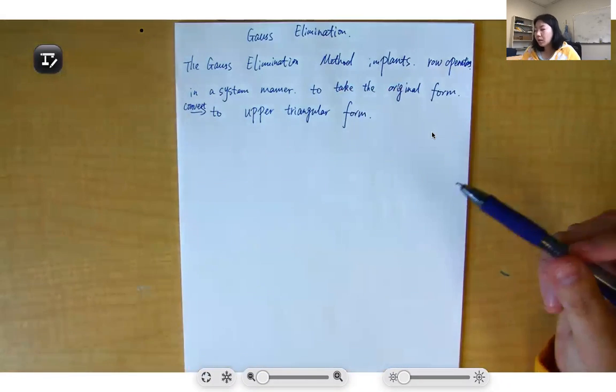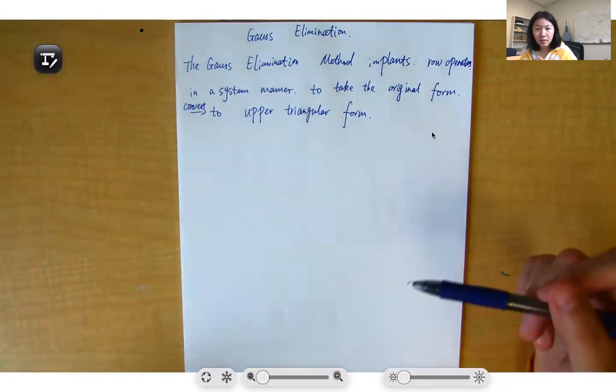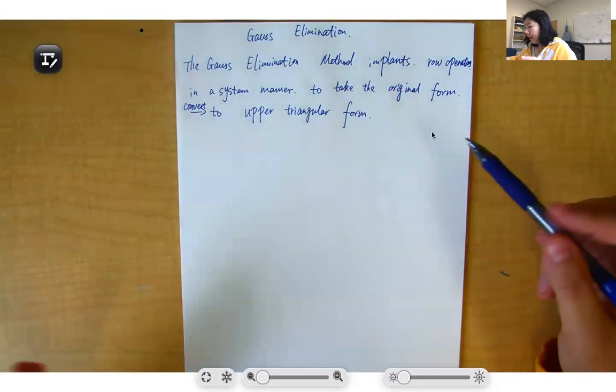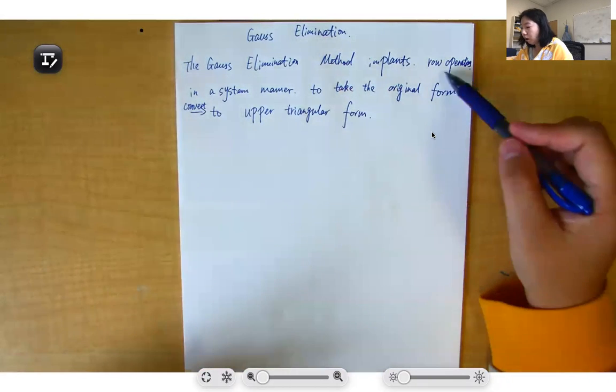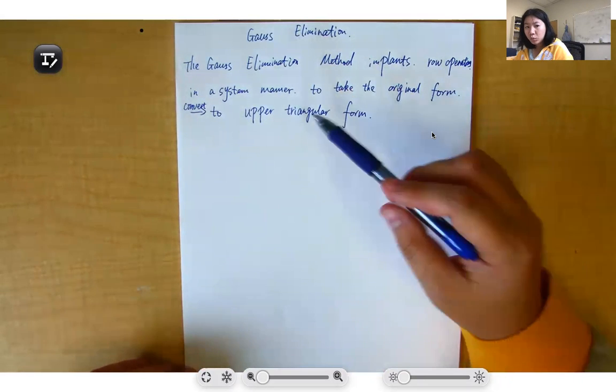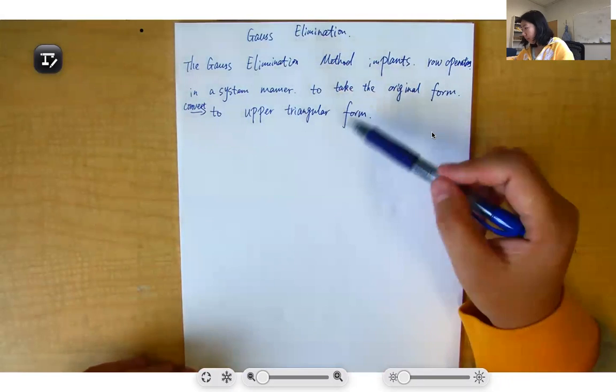So the Gauss elimination method is basically implementing many row operations in a systematic manner, and using such row operations to convert the original matrices to an upper triangular form.